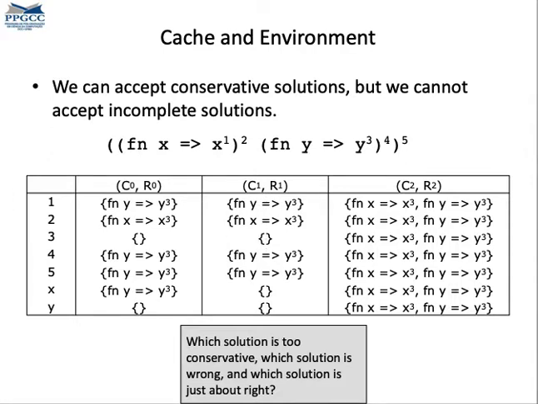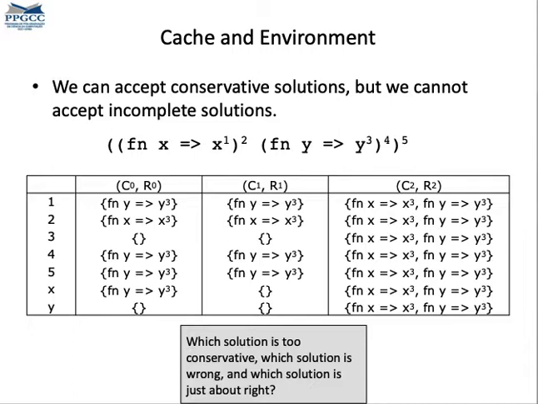Notice that in the example program, variable x will be eventually replaced by the lambda expression that uses y as an argument. But that solution does not account for that. In the first solution, the one here on the left, the solution is actually correct. It gives us very good information.